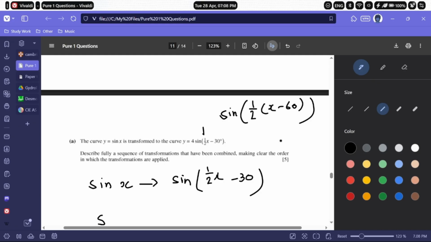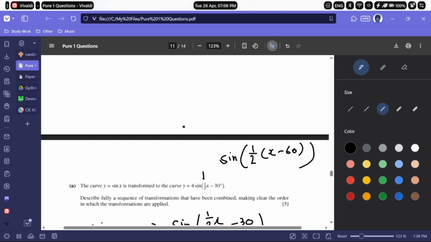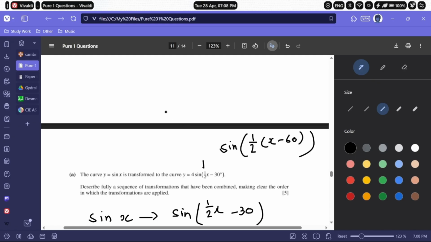Right, you have your graph in this form. When you factorize out 1 by 2, think about it as sin of 1 by 2 (x minus b). Initially, when b is 0, when it's just sin 1 by 2 x, you're just stretching it by scale factor of 2.